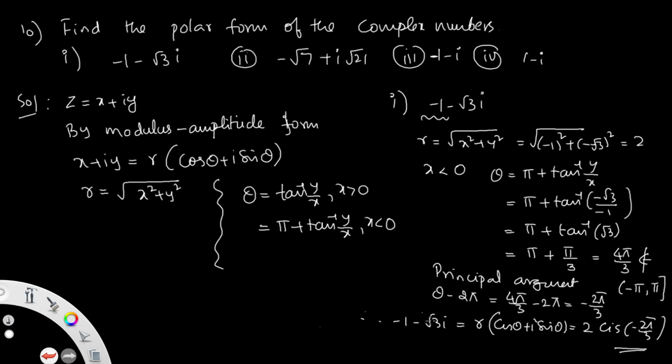The complex number minus 1 minus root 3i is r into cos theta plus i sin theta, in the short cis form, 2 cis of minus 2 pi by 3. This is the answer to the first question.